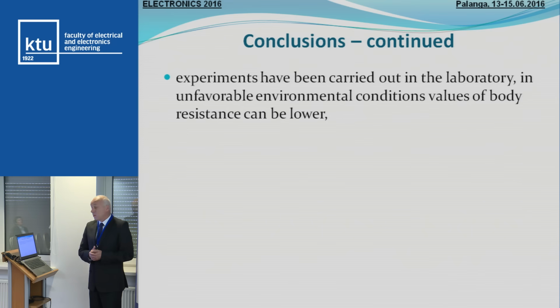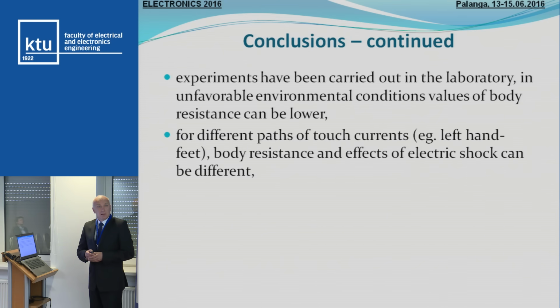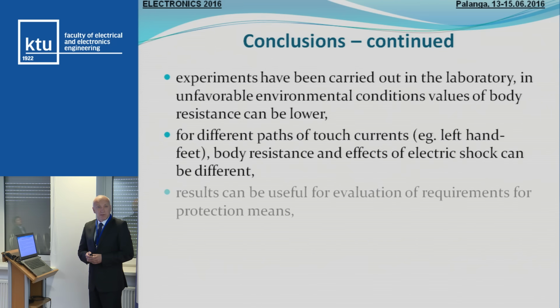In environmental conditions, especially, for example, at underground coal mines, where there is a lot of heat and humidity, the values of the body resistance, especially skin resistance, can be much lower. Of course, for different paths of touch current, effects can be different, and values of the body resistance can be different.